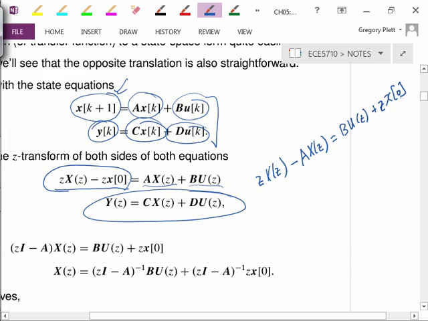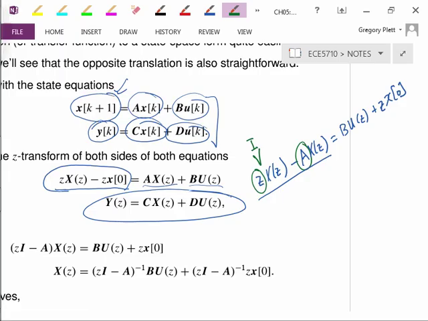So the x of z stuff I'm bringing over to one side. We have to be a little careful proceeding. It looks like, oh, that's just z minus A times x of z. We have to be careful because this is a matrix and that's a scalar, and I can't actually subtract two different things of two different sizes. So we need to introduce in here the identity matrix, which doesn't change the computation at all.